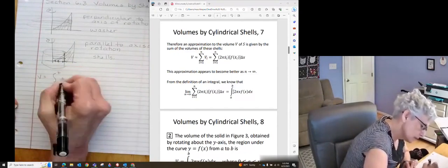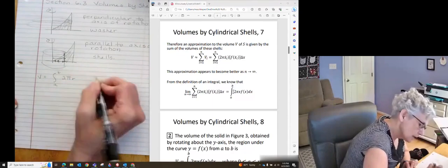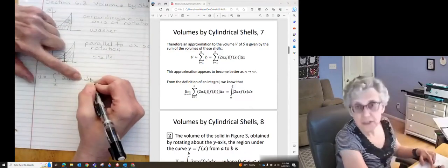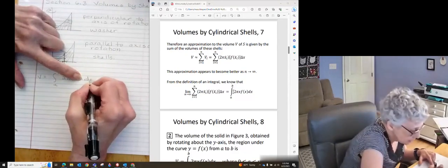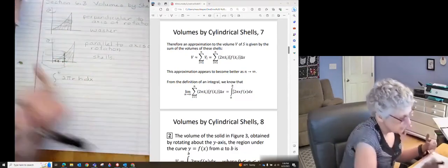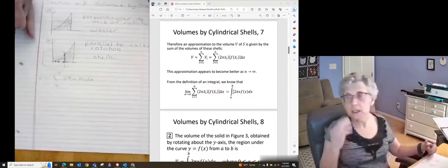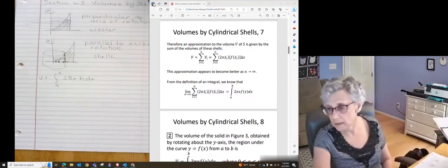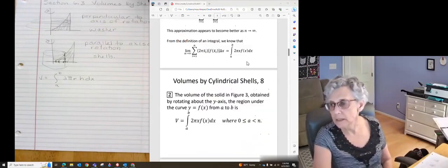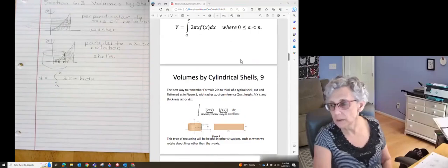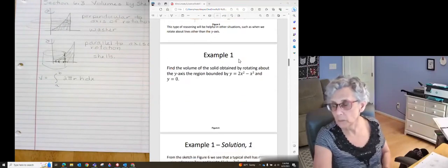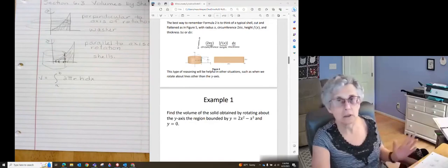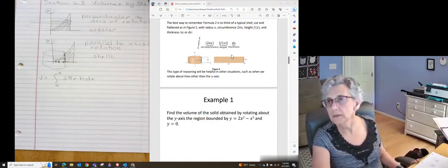So we'll say from A to B, 2 pi times the radius times the height, and then the thickness is always represented by your differential, and I'll say dx because in this particular example we're looking at slices along the x-axis. So let's do a real live example and put some real live numbers in here. And there's the pretty picture talking about the circumference, which is 2 pi times the radius times the height and the thickness.